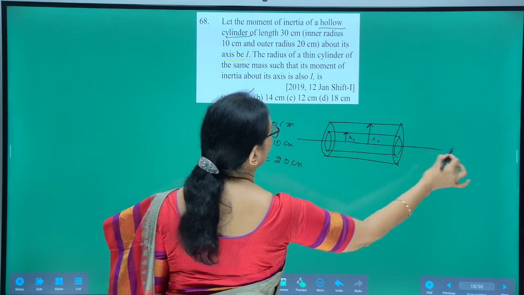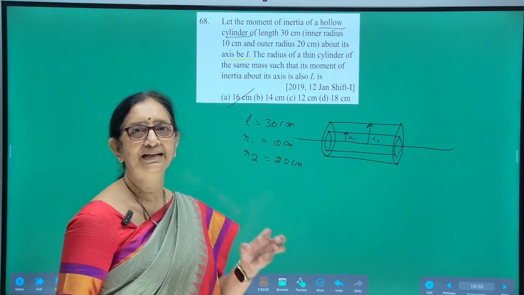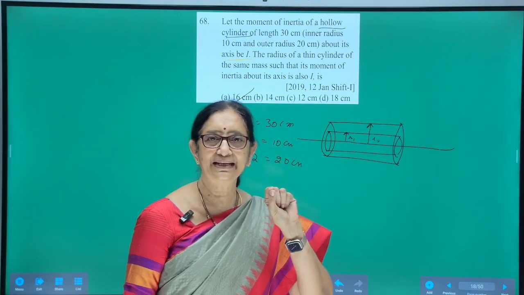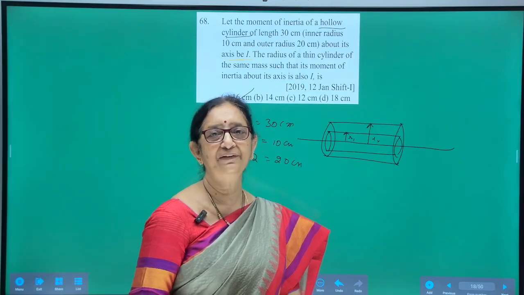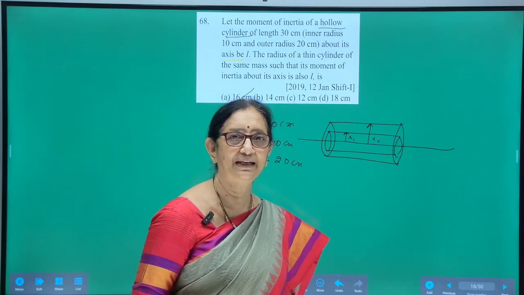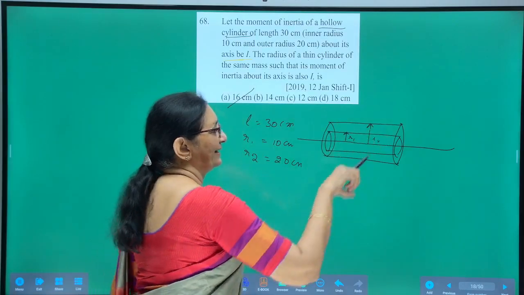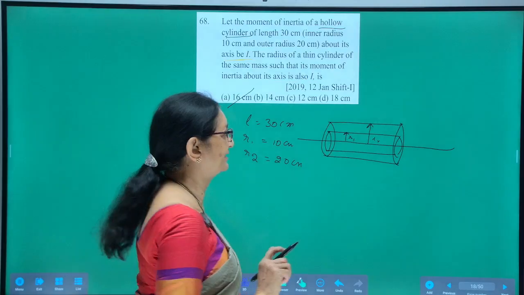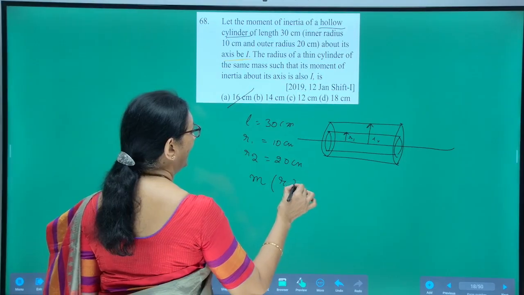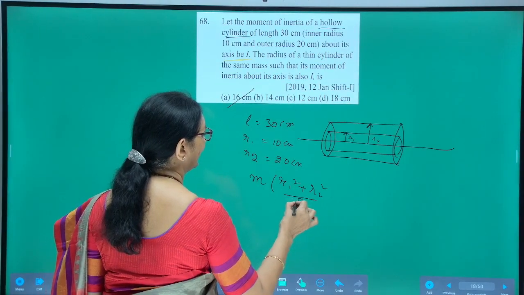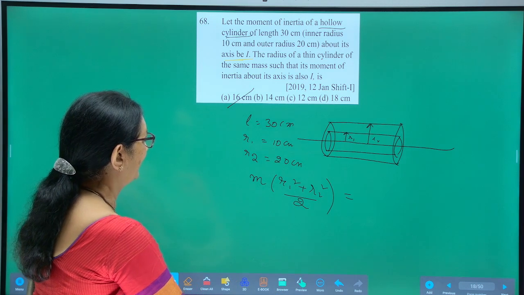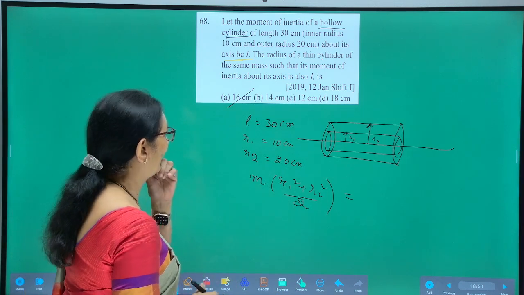The moment of inertia of that cylinder is exactly similar to the moment of inertia of an annular disc about an axis passing through the center perpendicular to the plane, because this cylinder is made up of a number of annular discs arranged like that. So, the moment of inertia of an annular disc becomes m into r1 square plus r2 square by 2.